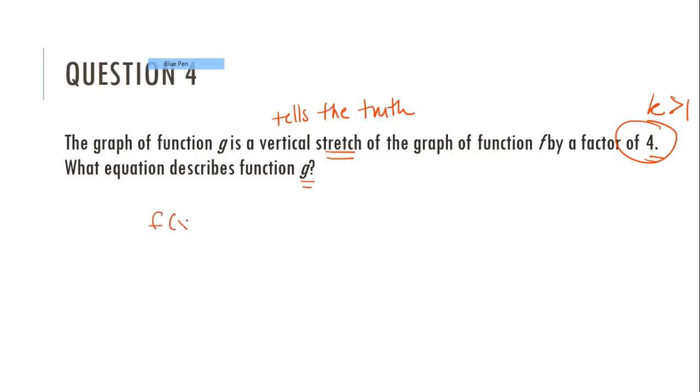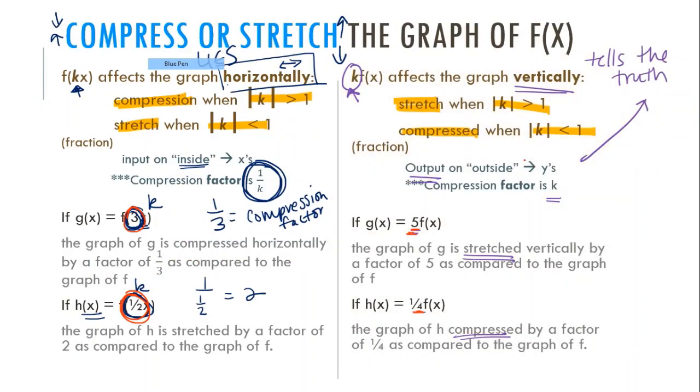So if my parent function is f of x, what is my new function g of x going to equal? Well, remember my rules for my vertical stretch. If you go back to that previous slide, my vertical stretch is going to look like this.